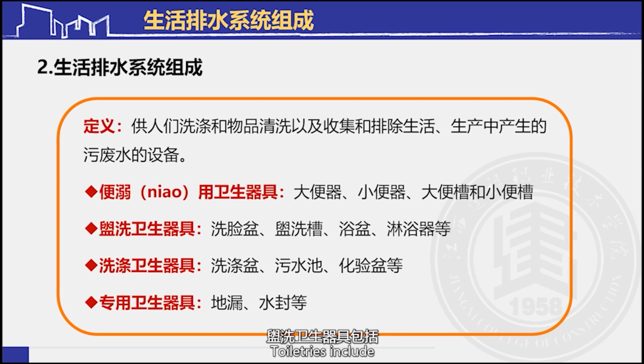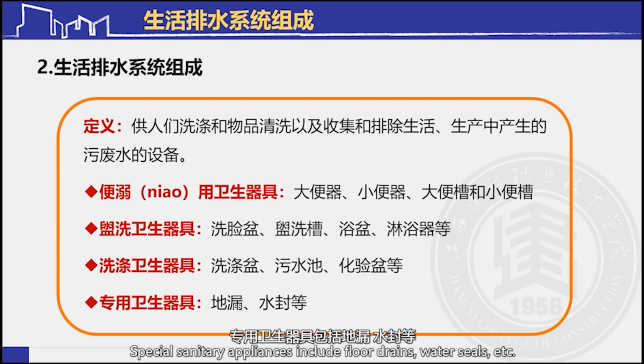Toiletries include wash basins, sinks, bathtubs, showers, etc. Washing sanitary appliances include washing basin, sewage basin, laboratory basin, etc. Special sanitary appliances include floor drains, water seals, etc.